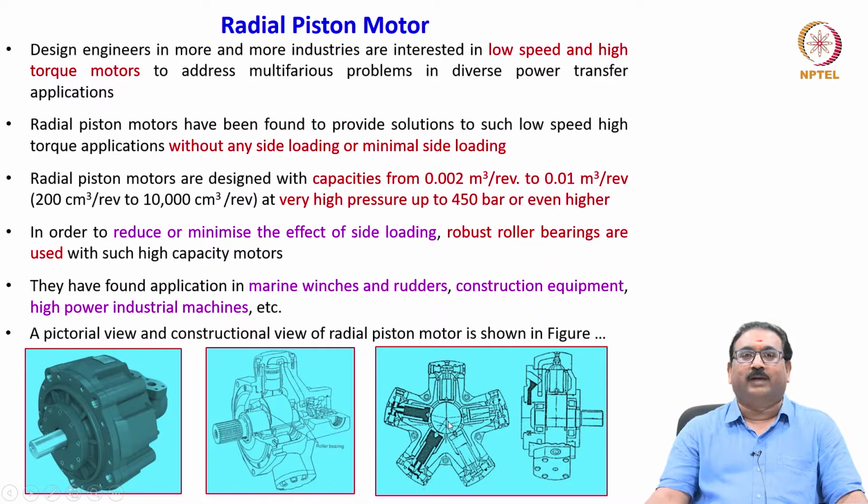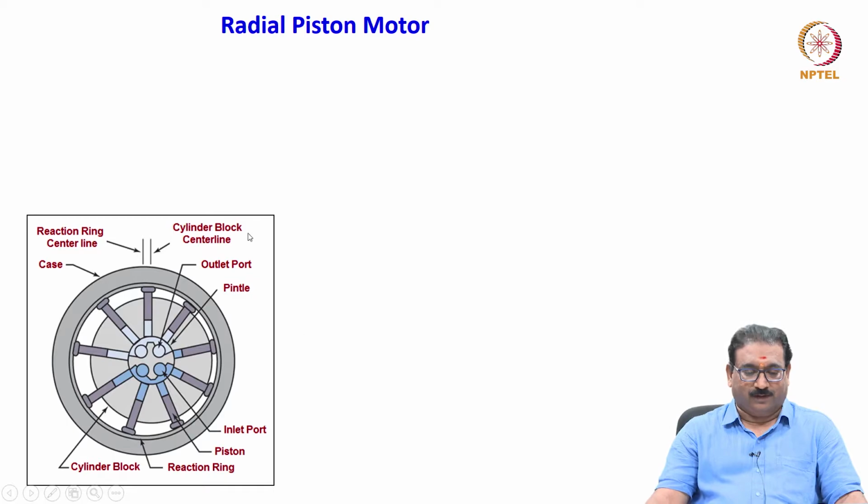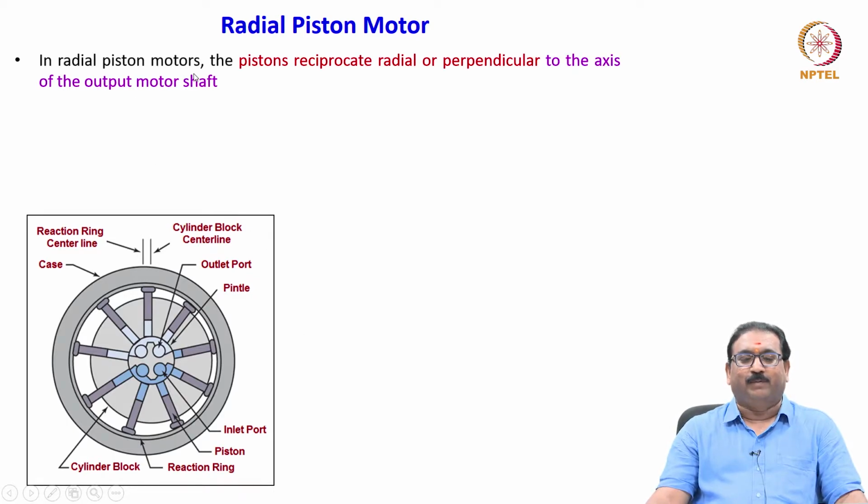I will show you neatly in the next figure. In a radial piston motor, the pistons reciprocate radially, perpendicular to the axis of the output shaft.